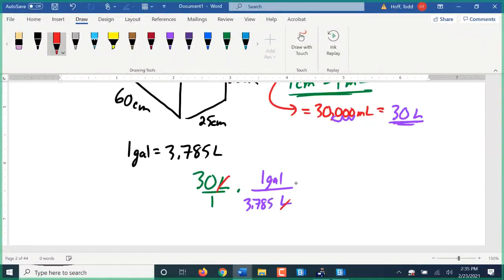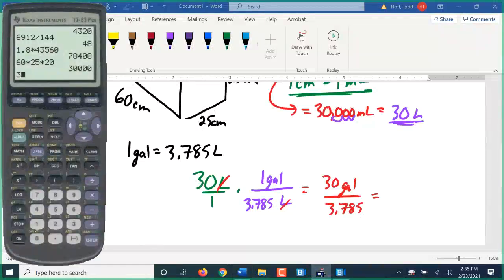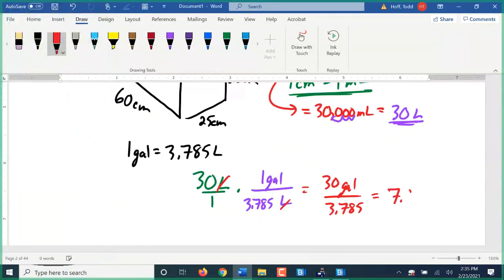The liters cancel out. On top, 30 times 1 gallon is 30 gallons. On bottom, 1 times 3.785 is 3.785. We'll divide that out. 30 divided by 3.785 is about 7.93 gallons. So a little bit less than 8 gallons.